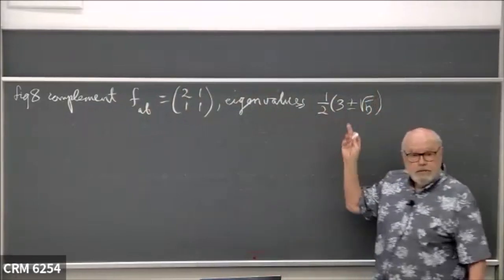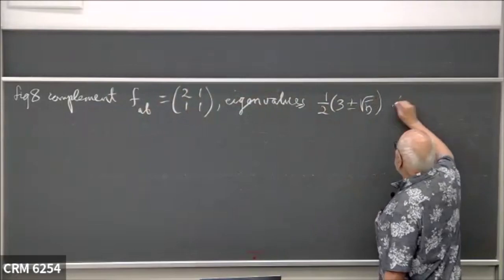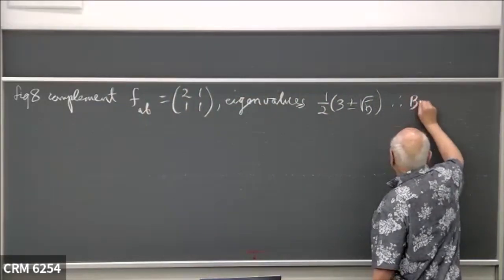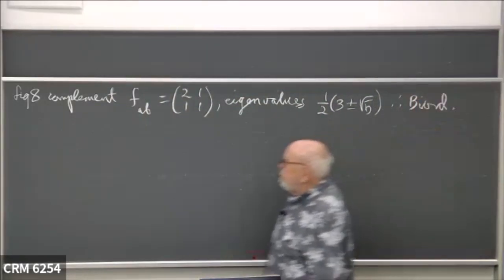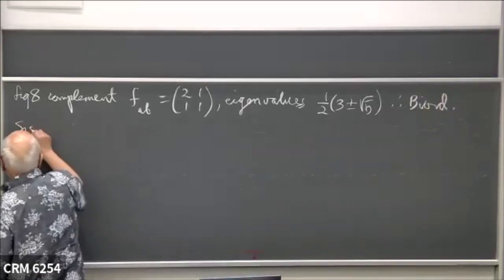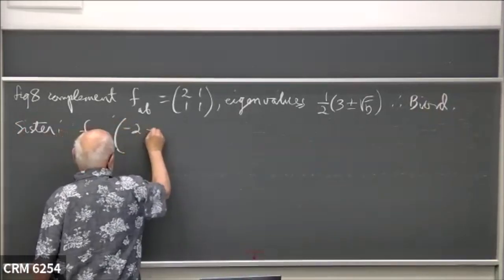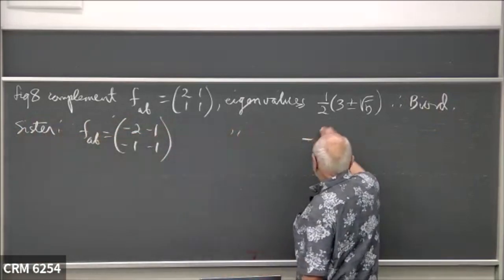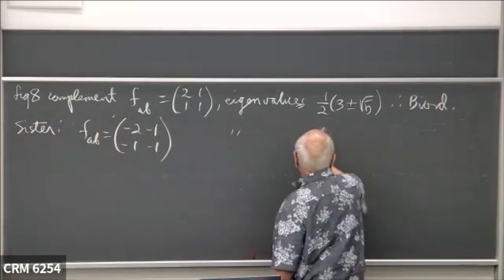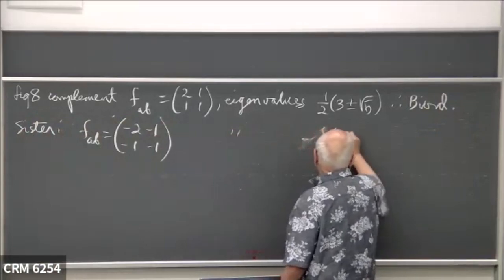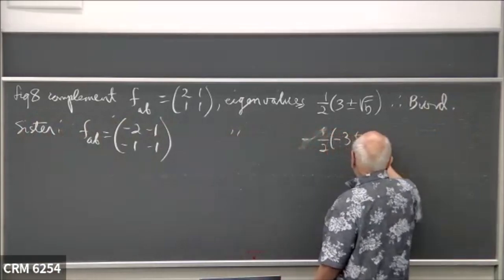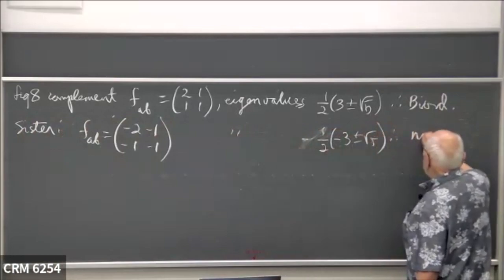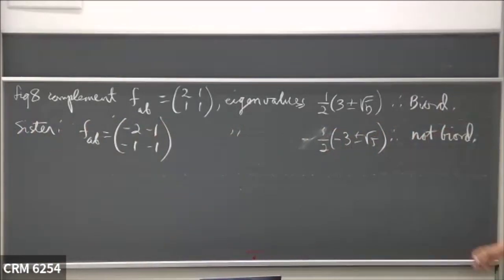Indeed, those are real and positive, therefore bi-orderable. For its sister, it's the negative of this, so all its eigenvalues are 1/2 times minus 3 plus or minus √5. So it's not bi-orderable. They're both negative.